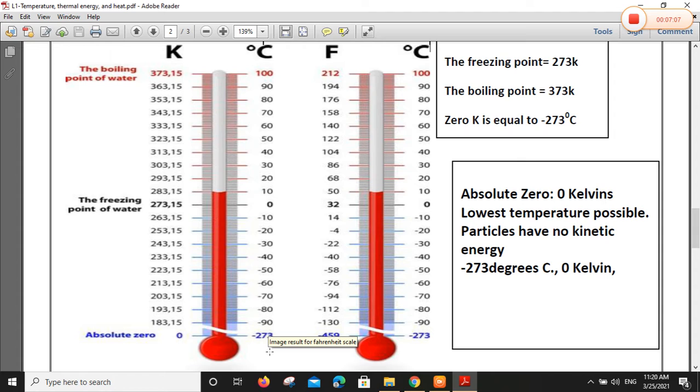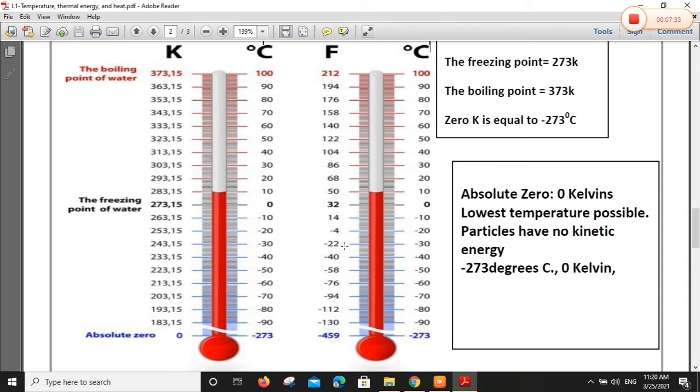So Kelvin has a wide range, from 373 boiling point, and the freezing point 273, and 0 absolute zero. Absolute zero or 0 Kelvin equals negative 273 Celsius degrees.